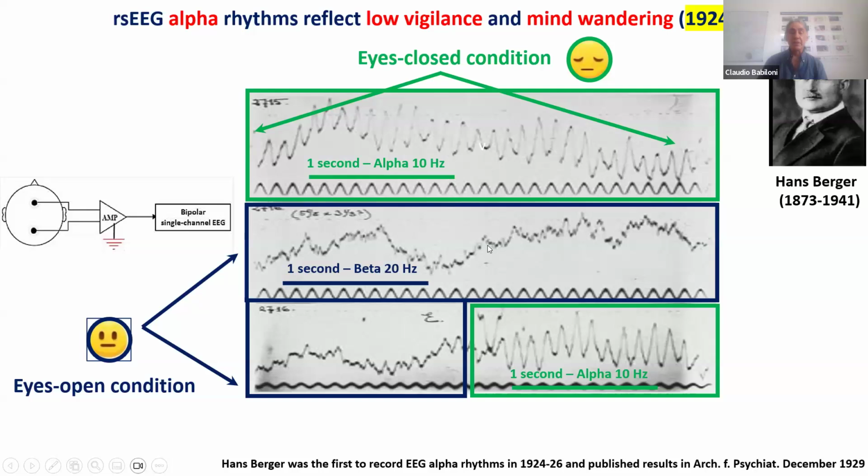And you see in the middle of the picture that the EEG oscillations show a frequency around 20 Hertz during eyes open. This is the reduction of alpha oscillations from eyes closed to eyes open as a reflection of a cortical activation of visual and spatial neural systems during eyes opening.